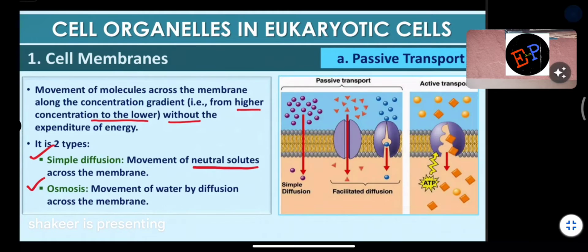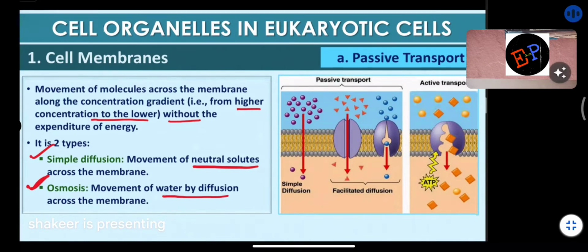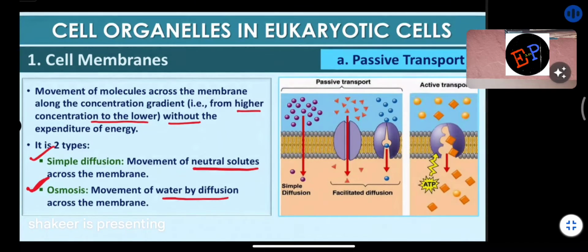Neutral solutes, if they are moving, then it is called simple diffusion. Neutral solutes. Are you able to understand, ma? And if water is moving by diffusion, it is called osmosis. So that is the only difference between simple diffusion and osmosis. If solutes are moving, then it is called simple diffusion. If water is moving, it is called osmosis. Are you able to understand, ma?